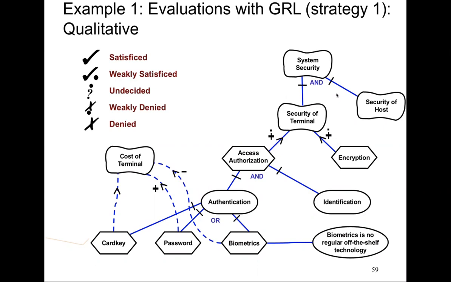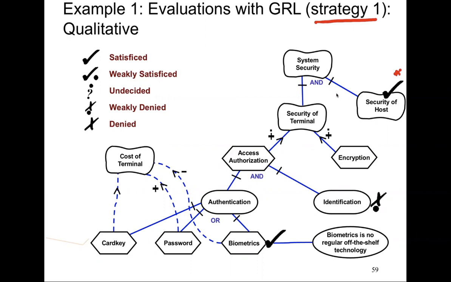As I said, to evaluate your graph, you have to provide a strategy, then propagate the strategy upwards, find the satisfaction level of each of your components, and then make recommendations. In this graph, my initial strategy, strategy 1, assumes the security of host is fully satisfied, the identification goal is weakly denied, and the biometric is fully satisfied.